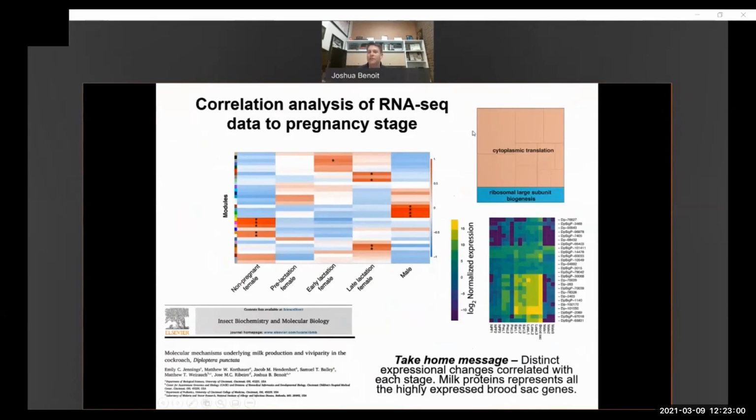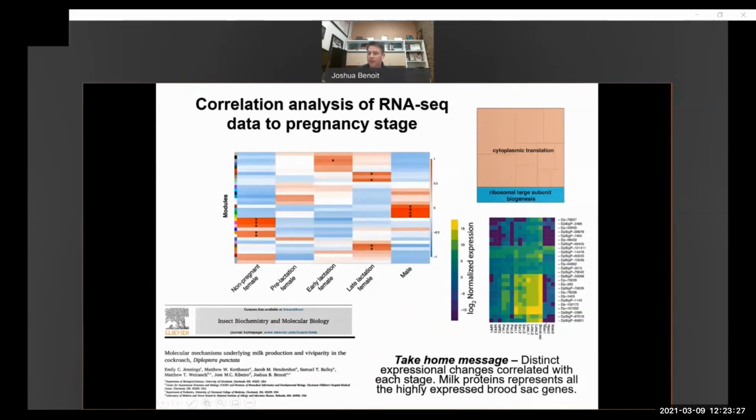The main thing that you see up here in the upper right is during the pregnancy cycle, you see a massive increase in cytoplasmic translation and ribosomal large subunit biosynthesis. This is to produce a lot of proteins, probably to produce the milk. We're able to characterize here on the right some of the most important proteins associated with the mechanism of live birth.